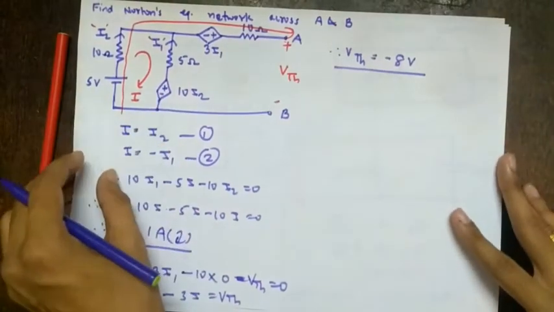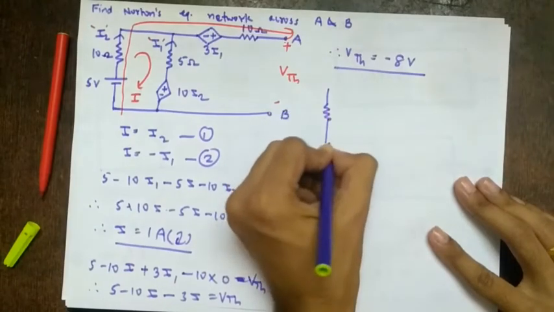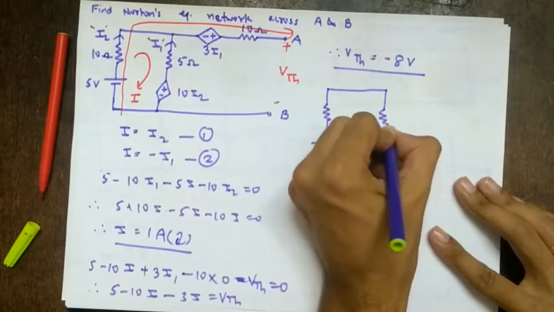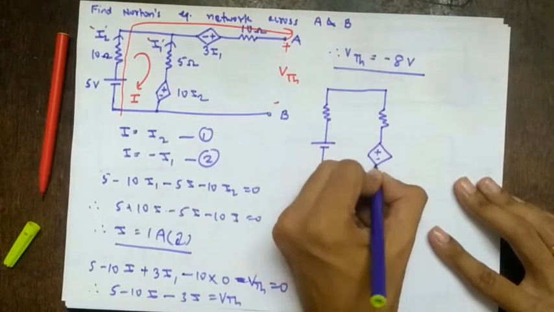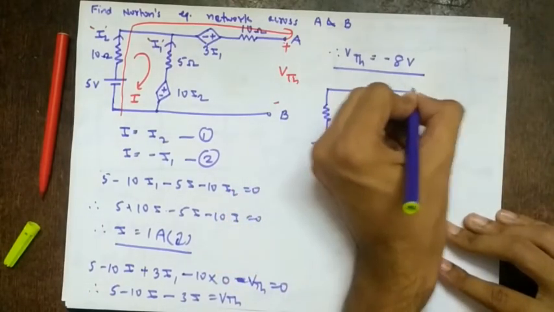So next what we have to find? We redraw the network. Sorry, we find RTH, or RN.